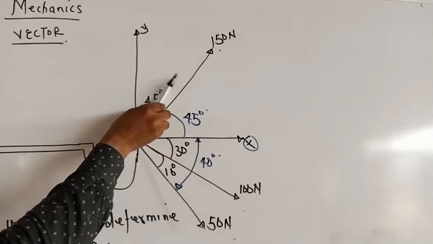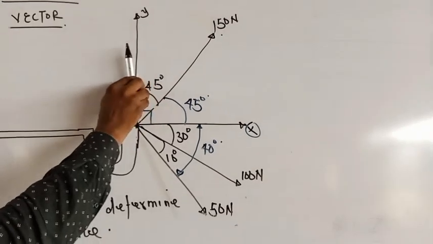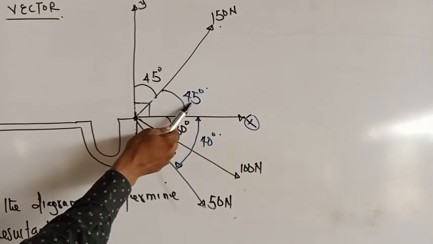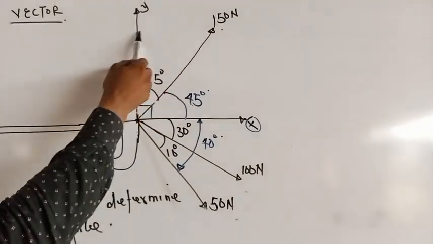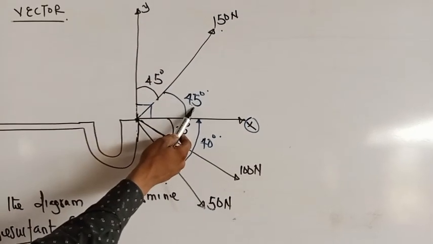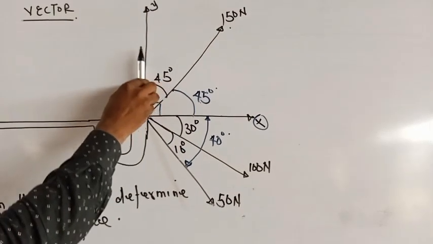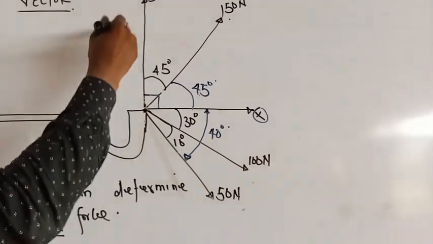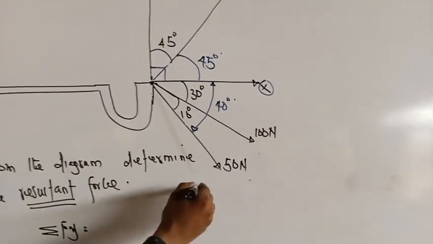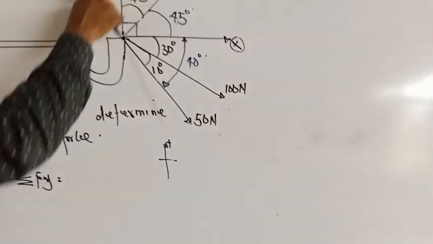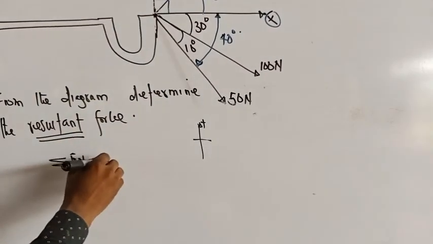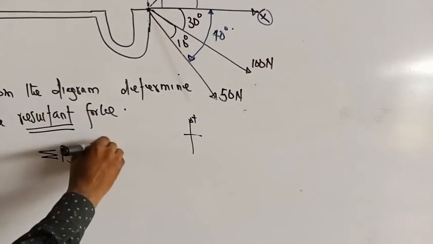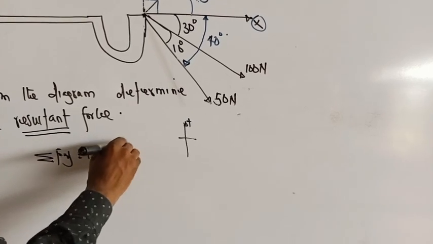So I'm taking it to the vertical direction, the angle and the force of 150, but the trig ratio is sine anytime resolving to the vertical direction. And according to sign convention, what we have here is now a positive force. So this will give us 150 sine 45 degrees.